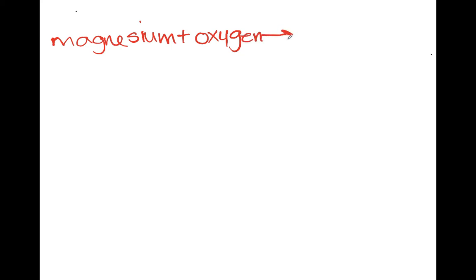So our first example then is going to be the reaction between magnesium and oxygen. So magnesium plus oxygen will react to give magnesium oxide.